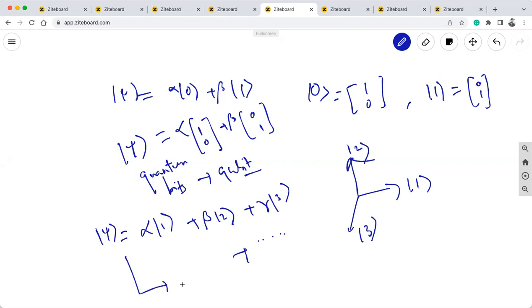Then we will call it a qudit. I am not giving you the whole details of how this can be prepared. All those things will come later on. I am just giving you certain definitions here.